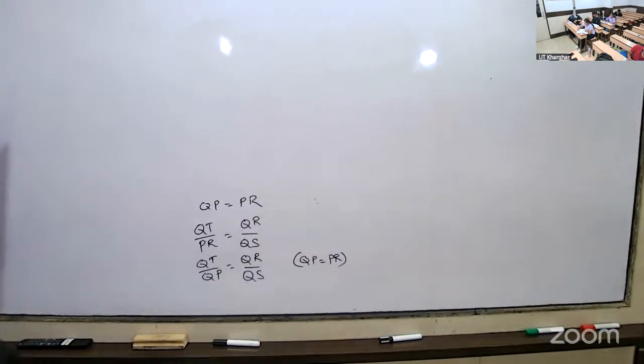Now try to identify. Look at the figure. Now I think you must tell. QT upon QP is equal to QR upon QS.